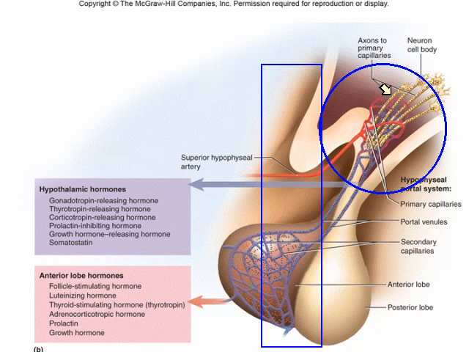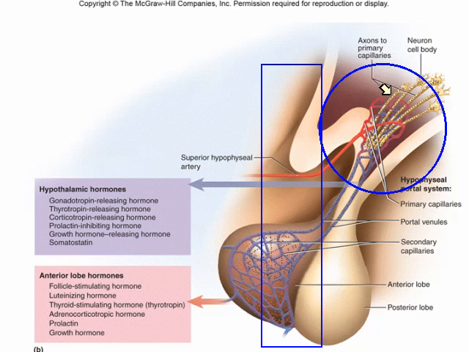The hormones that are being released from the hypothalamus include the gonadotropin-releasing hormone, thyrotropin-releasing hormone, corticotropin-releasing hormone, prolactin-inhibiting hormone, PIH, growth hormone-releasing hormone, and somatostatin, which we don't really deal too much with, but it is one of the 6 that are released.